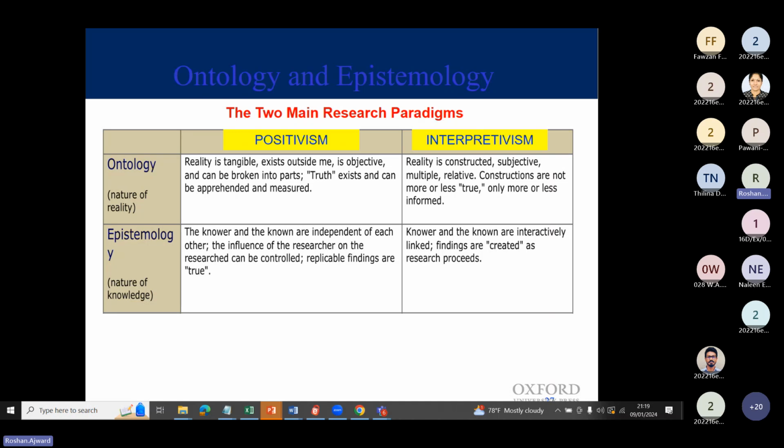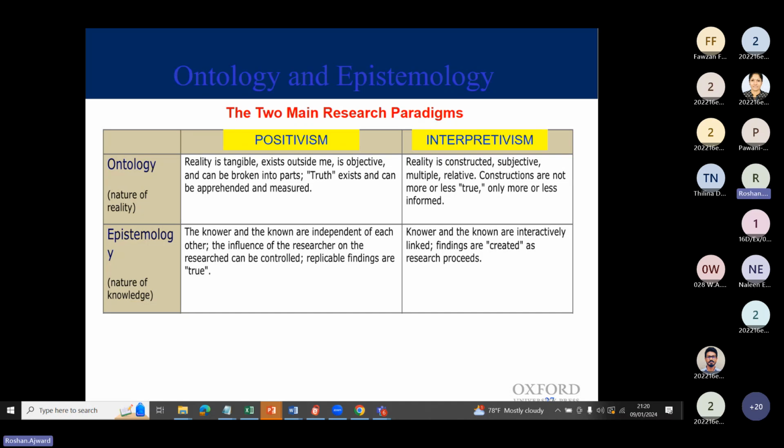Okay, students. Today I taught you the difference between research design and research methods. Then I taught you the three criteria that could be used to differentiate between good and not so good social research. What are the three criteria? Reliability, validity, and replicability.